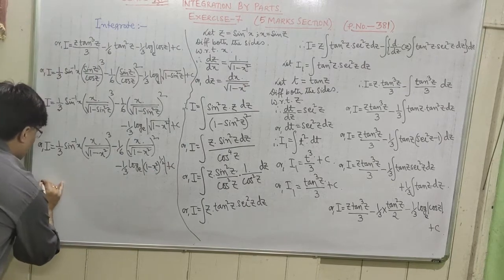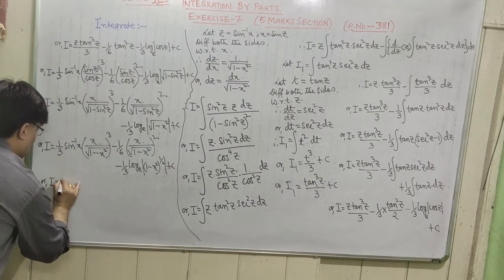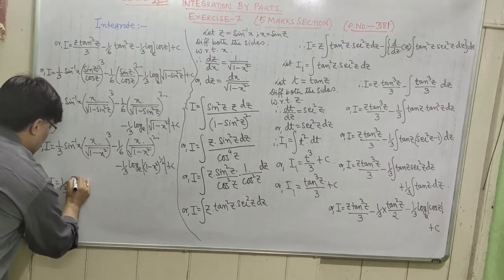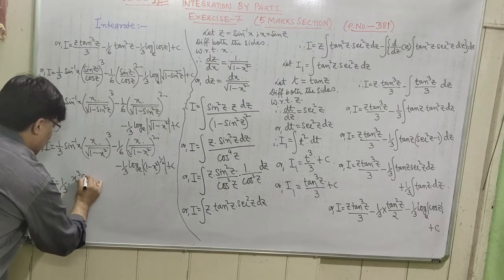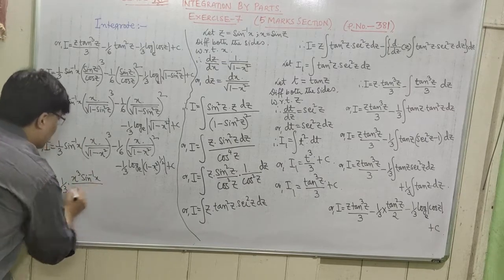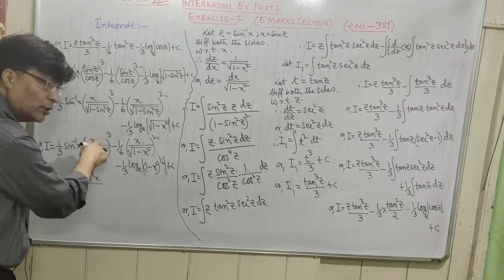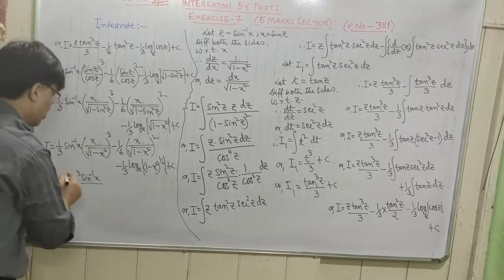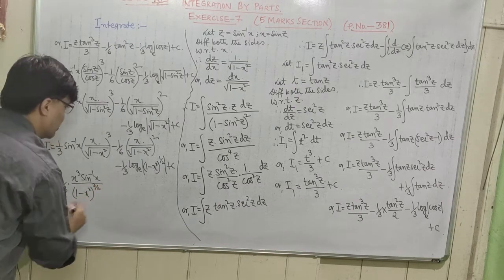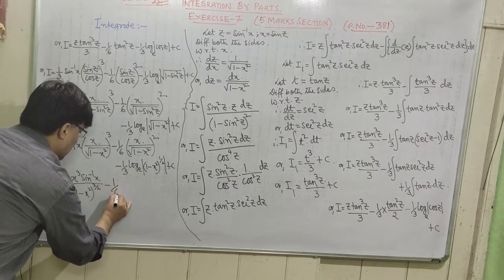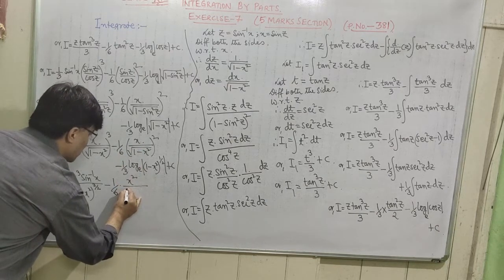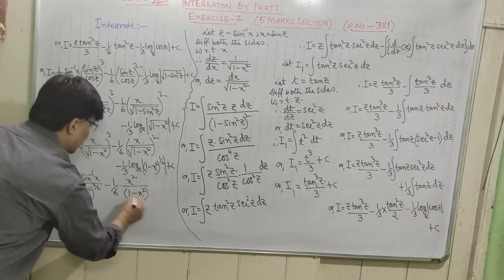Okay, so now this is I is equal to 1/3 into, let us write down this first. This is x cube into sine inverse x, right? X whole cube is x cube, then sine inverse x divided by, this root over means whole to the power half, but there is whole to the power 3, so it can be written as 1 minus x square whole to the power 3 by 2, minus 1 by 6 into, what is it? This is x square divided by, this is your 1 minus x square, right?